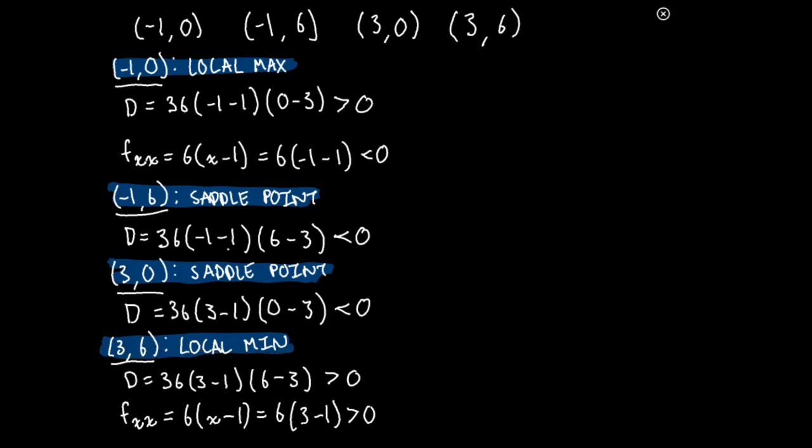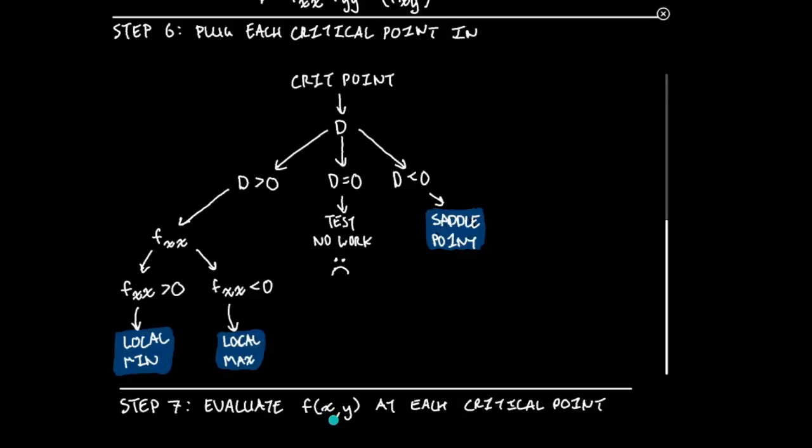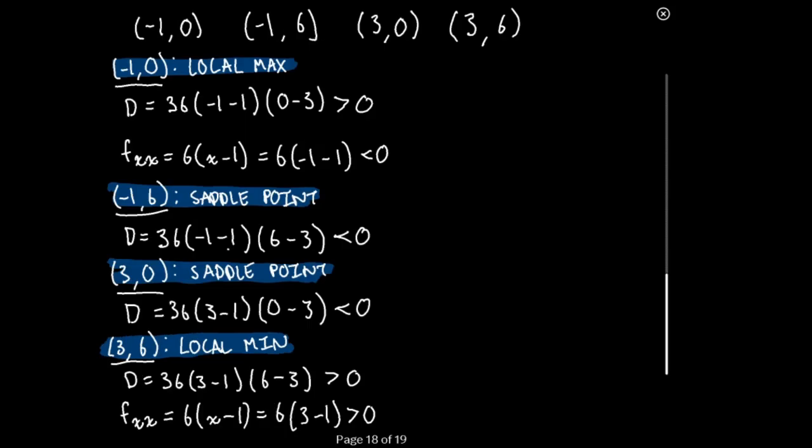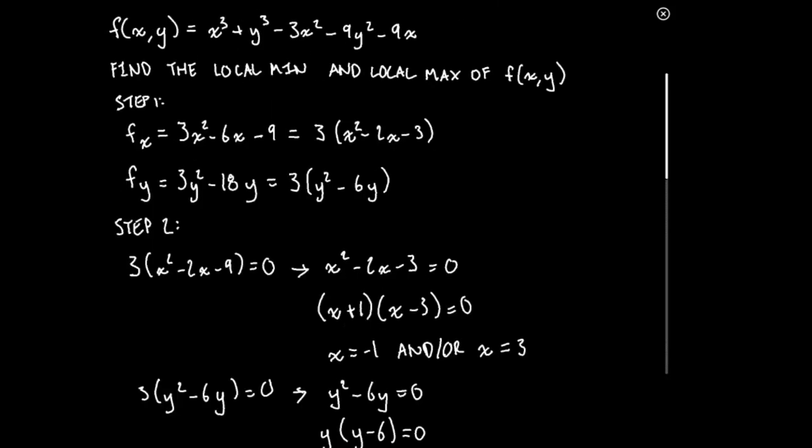All right. Now, what was our last step? The last step was to evaluate our function at each critical point, just to see what the value comes out to. Now, what the question asked for, if we go back to the very top, was to find the local minimum and the local maximum of f of x, y.